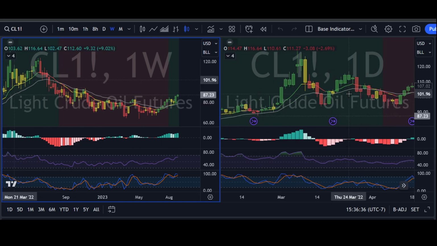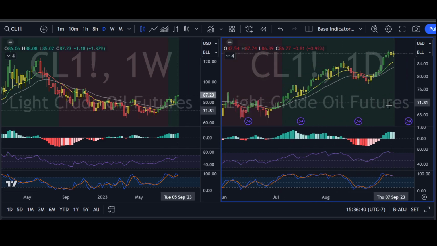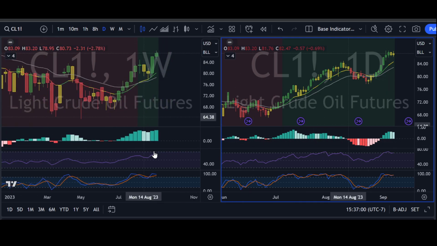On the daily chart, you've actually got an overbought RSI, an overbought stochastic, and the MACD on the daily, at least in terms of the histogram, is actually declining. And so that suggests that momentum is starting to falter a little bit, whereas on the weekly, you've got the overbought stochastic, but the RSI is not quite overbought yet.